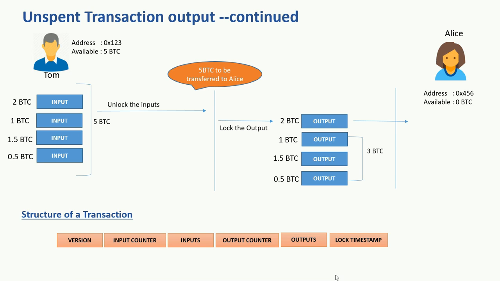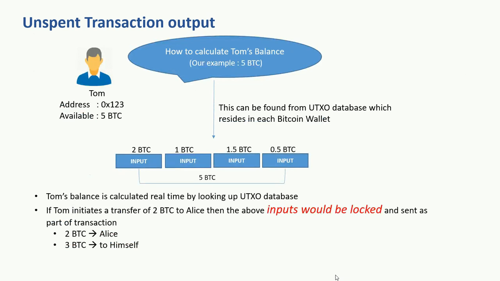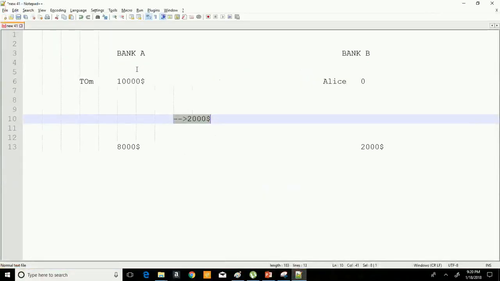Now let's closely look at these inputs and outputs. Here Tom has 5 bitcoins, and his address is 0x123. Now, how did Tom receive these 5 bitcoins? In the typical banking world, Tom has $10,000, so somebody might have transferred it to him.